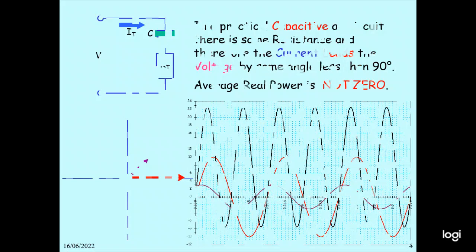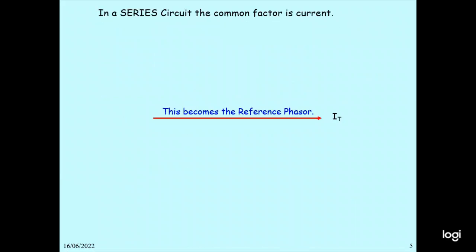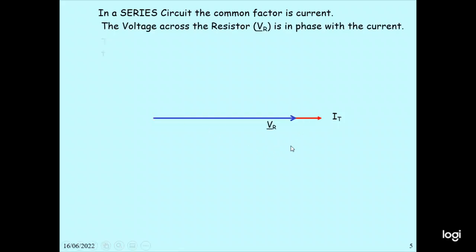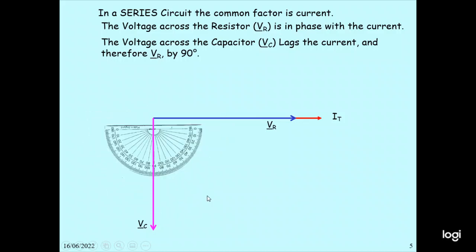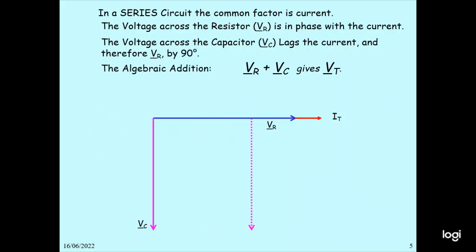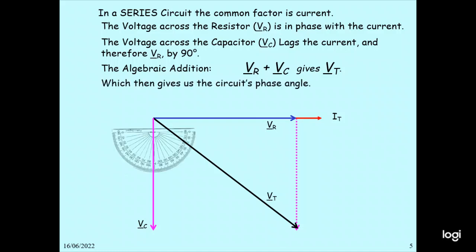In the series circuit, current is taken as the reference figure. So VR is the voltage across the resistor, VC is the voltage across the capacitor. And when we draw the VR and VC combination, there will be the VT. So it has a phase angle theta here.